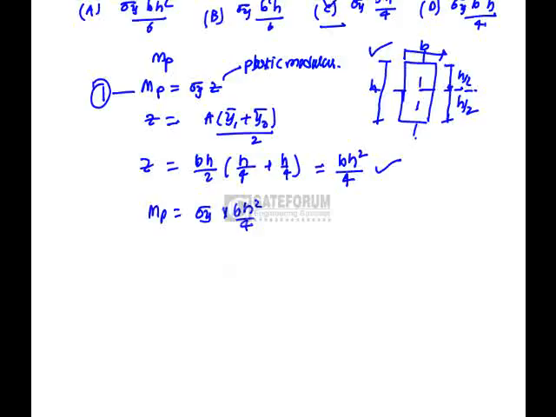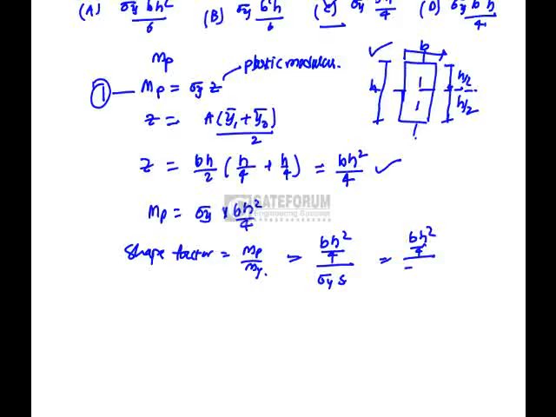Beyond that, we can find out the shape factor. Shape factor is equal to MP by My. MP we know, BH square by 4. My is sigma y into section modulus, that is BH square by 6.